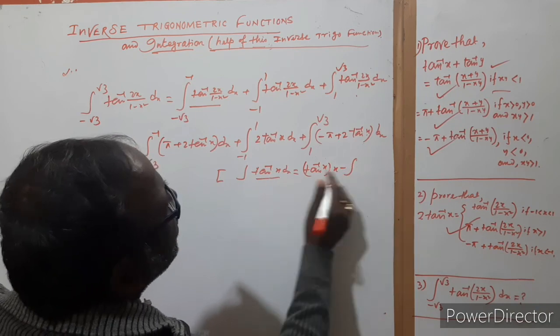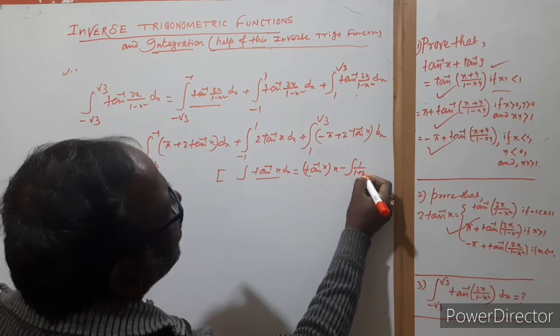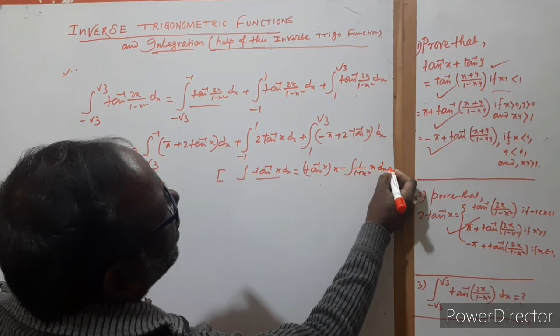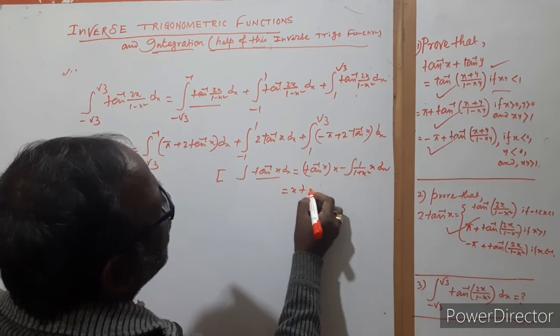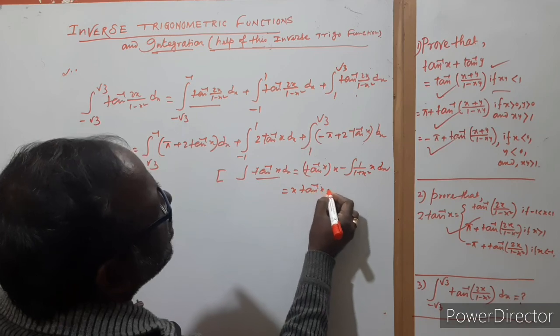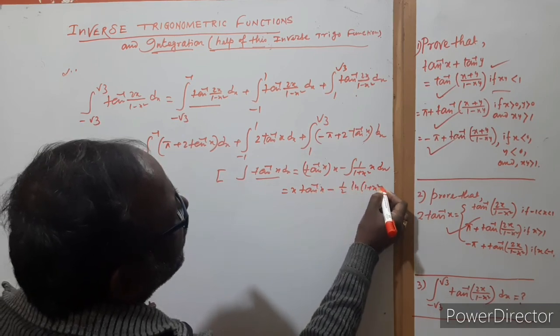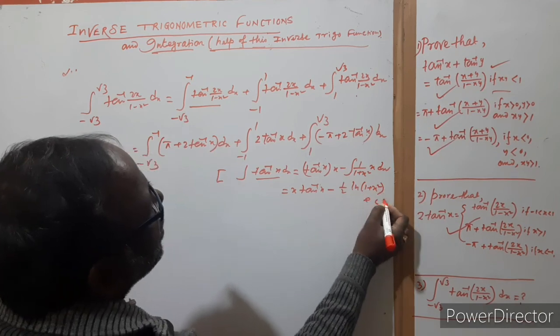If we differentiate this, then we get 1 plus x square, integration of dx is x here, so x tan inverse x minus half ln 1 plus x square plus c.